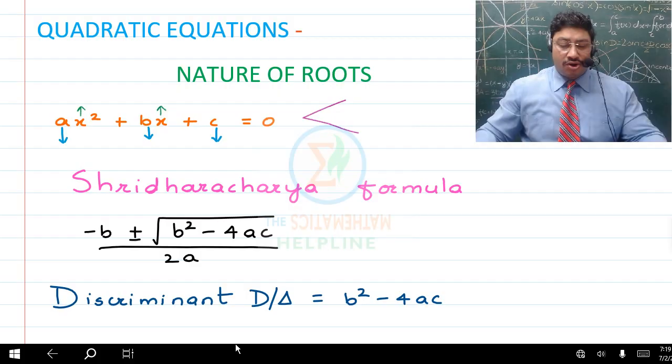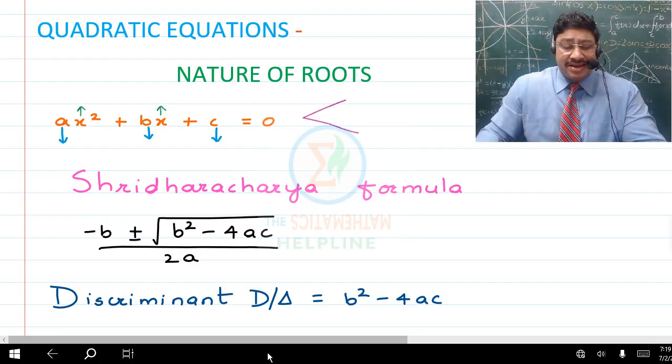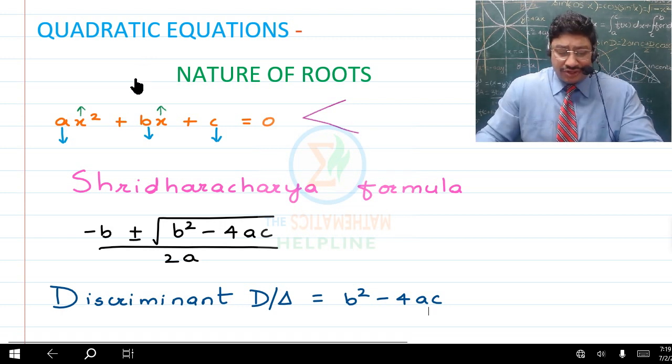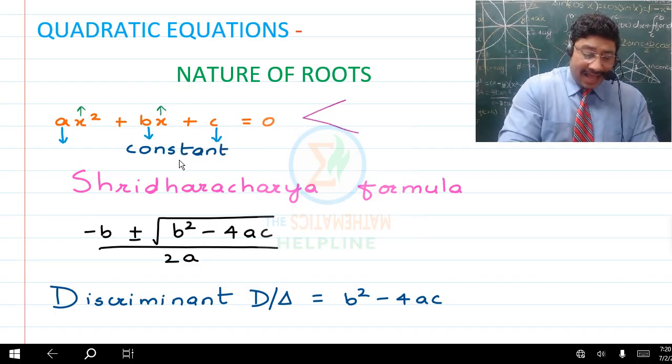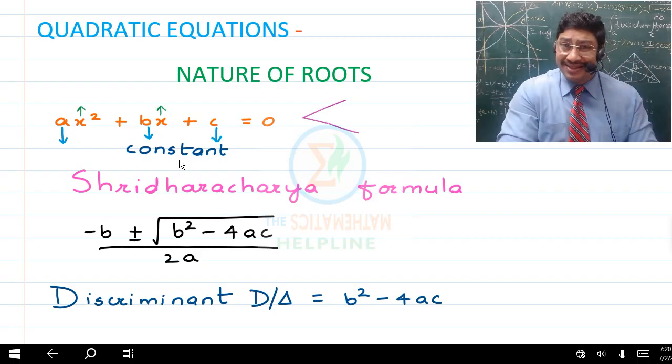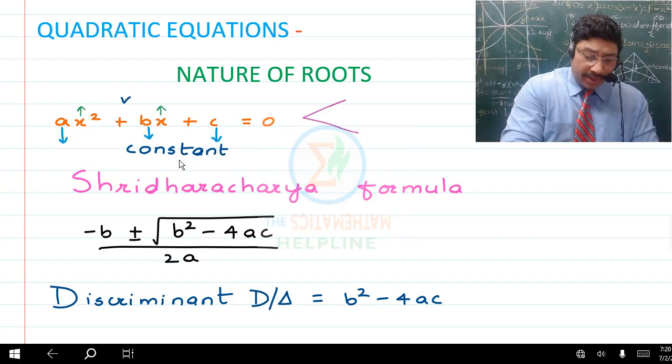So I'll just quickly repeat all of these things, after which we'll be discussing the nature of roots. When we talk about a quadratic equation, generally it is written as ax square plus bx plus c is equal to 0, where a, b, c are the constants, right? I will write it also so that you can understand. And x, y, z, the later alphabets of the English language, are the variables.